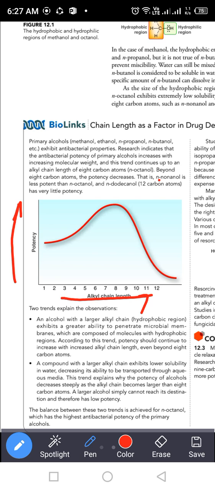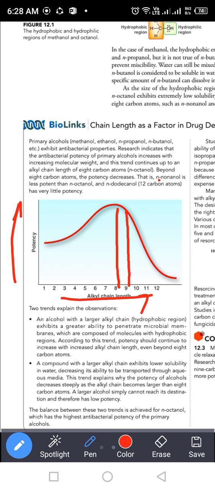Maximum activity is shown by 8 and 9 carbon. Up to 8 carbon, we can say there is a maximum potency of antiseptic effect of the primary alcohol. Keep in mind, these are primary alcohols.